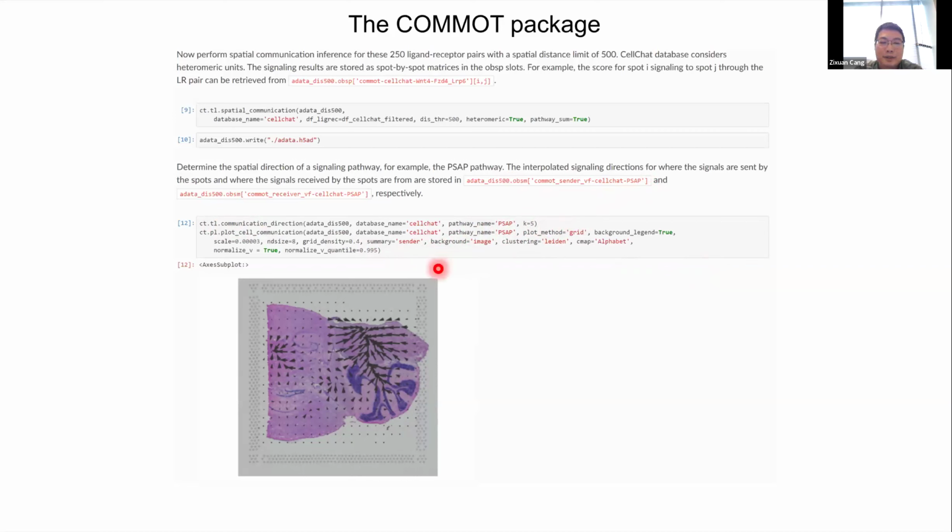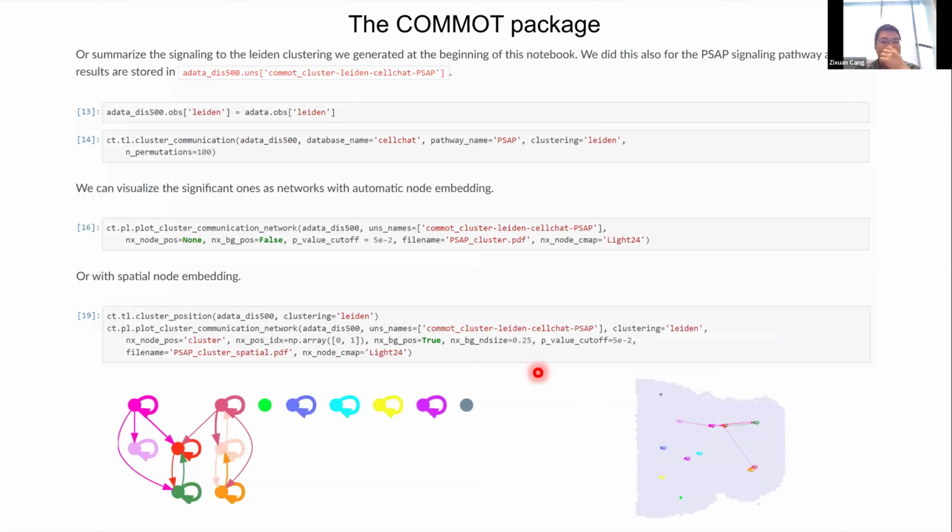We could also interpolate a spatial vector field describing the directionality of cell-cell communications. The communication network was computed at single cell level, but for more reliable interpretation and display, we could also always summarize it to cell clusters.